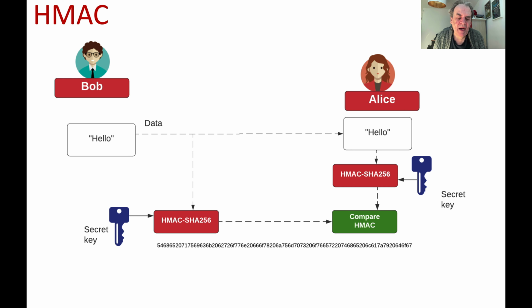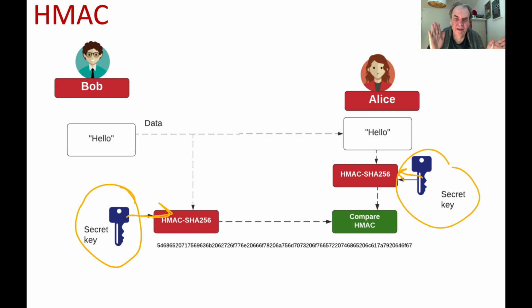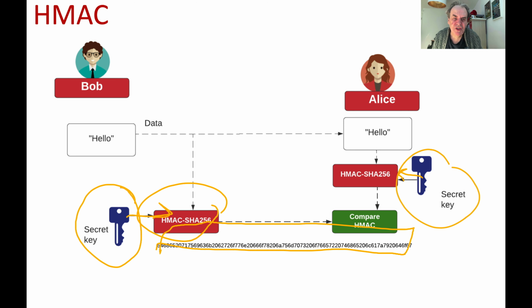Within an HMAC, we take a symmetric key, a secret key on either side, and we sign that hash. As long as Bob and Alice have the same secret, they will take the hash and, using the key, produce what's called an HMAC signature.